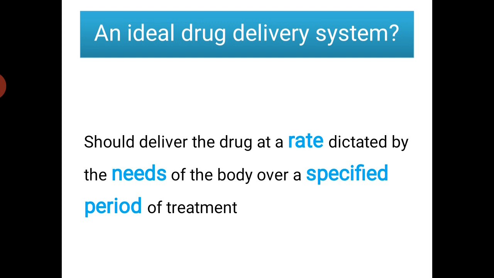The drug delivery system should deliver the drug at a rate dictated by the needs of the body at a specified period of time. So there should be a rate. It should meet the need of the body, and it should release only within the specified period of time. So these are the ideal characteristics of a drug delivery system.